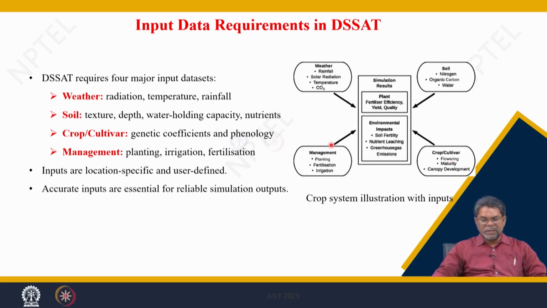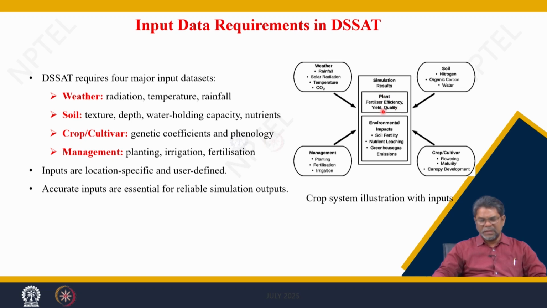Then finally you give the management inputs, that is, the planting operations, fertilizer management, irrigation management, and the plant protection measures. These management inputs are given, and we go for simulations, that is, crop growth, crop yield, crop water use efficiency, and crop nutrient use efficiency.